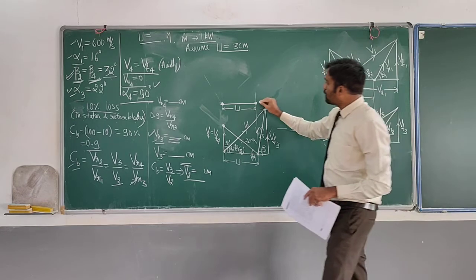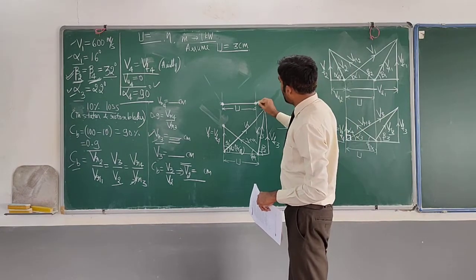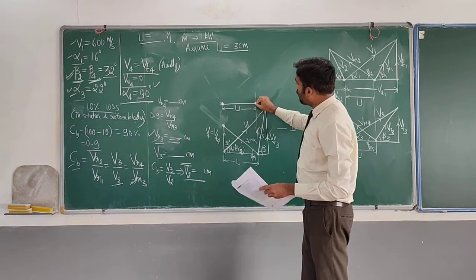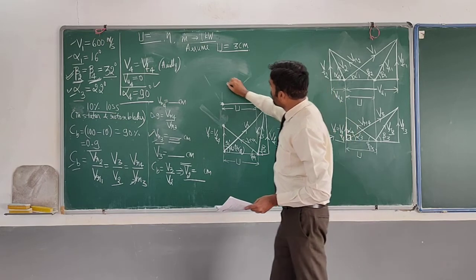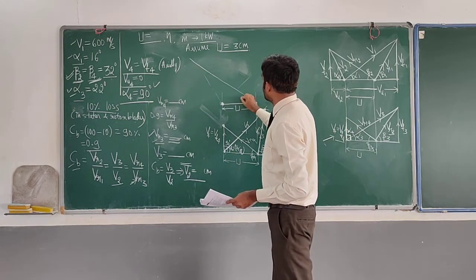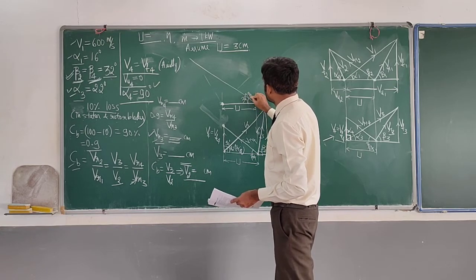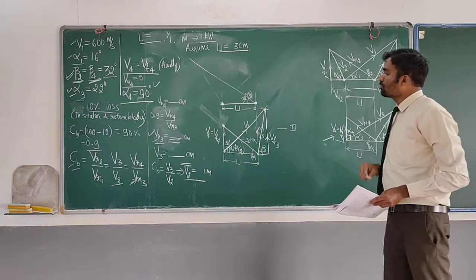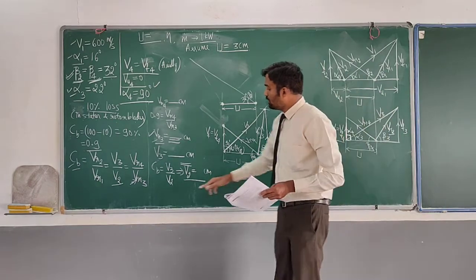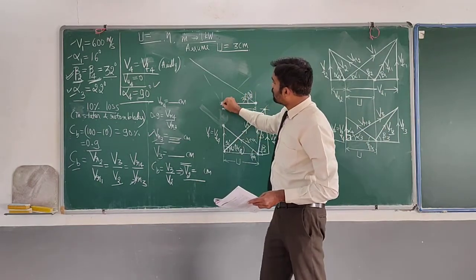So we will draw, using the protractor, a line of some random length which is making an angle beta 2, which is 32 degrees. So this represents beta 2. And we know the length V2 from this point towards this side.